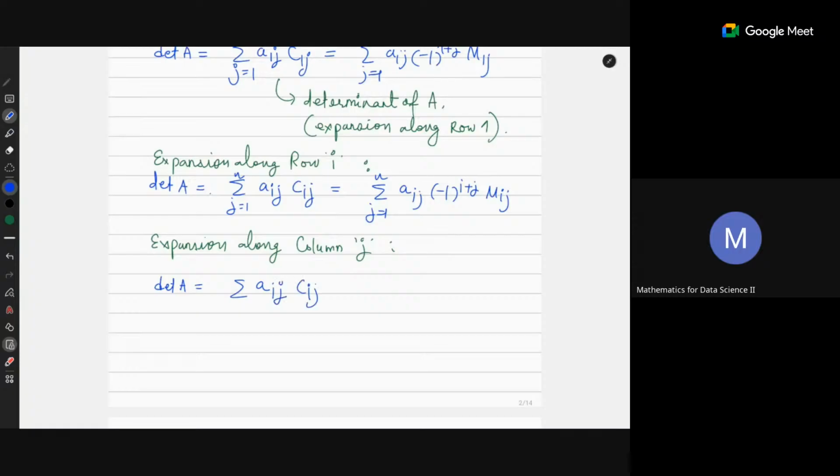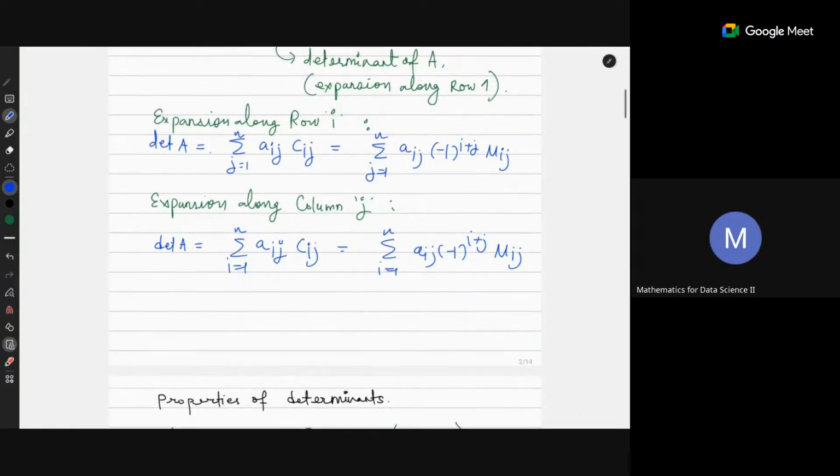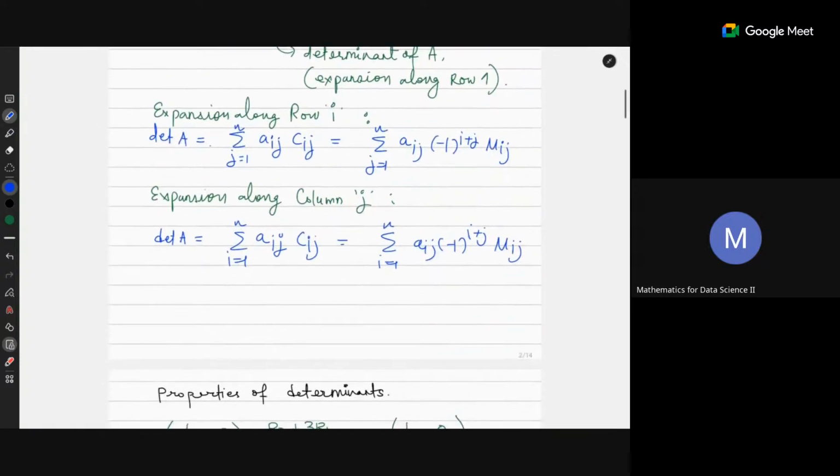Now j is fixed in this case, so you will vary i. Now this is again the same in terms of the matrix. And you will get the determinant to be the same.